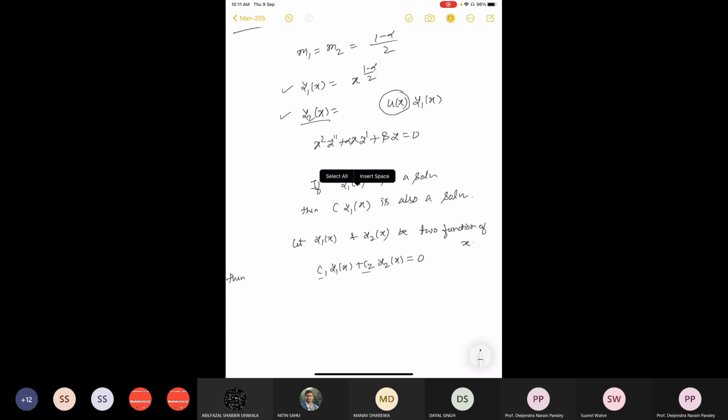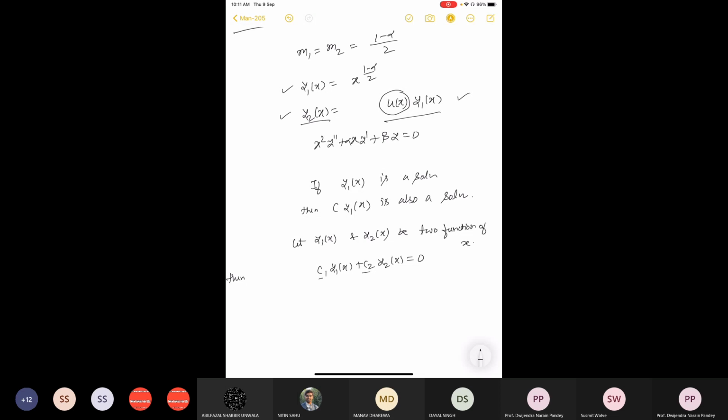So first we assume y2(x) as some function u(x) multiplied into y1(x). Now it makes y2(x) and y1(x) linearly independent, but still we are not sure whether this y2(x) is a solution of the differential equation or not.